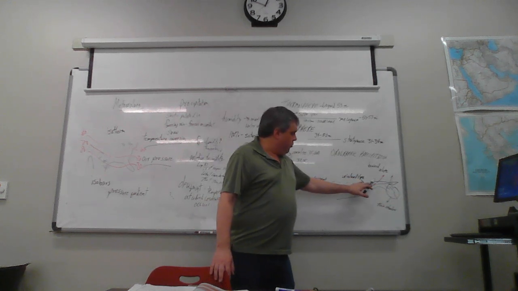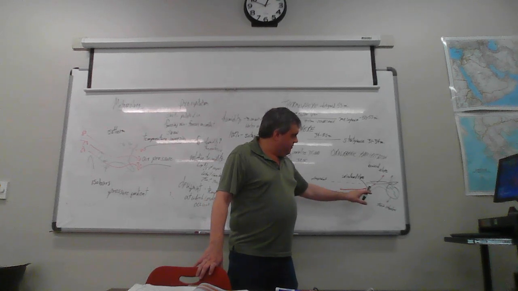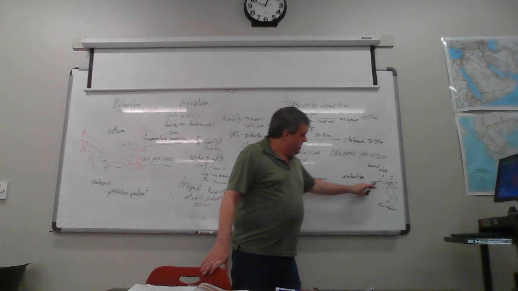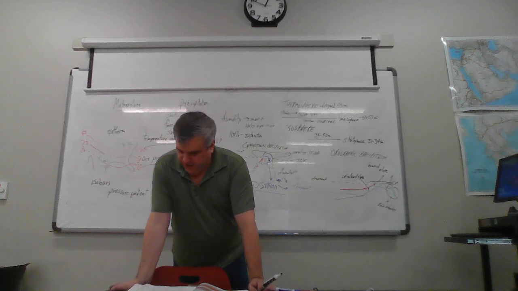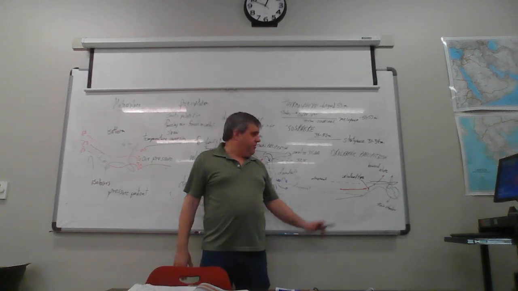The windward slope is generally wetter because it's being exposed to that moisture from the lake or ocean. The leeward slope is often dry. Again, you see that out in California, out on the west coast.